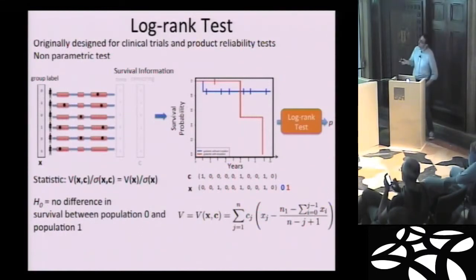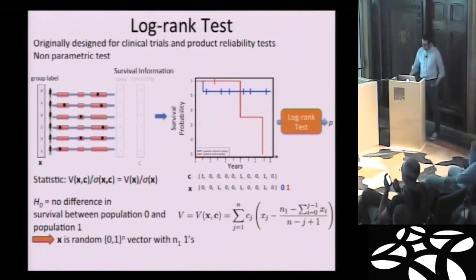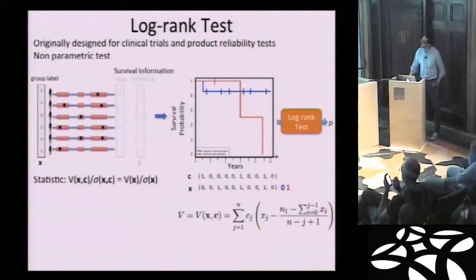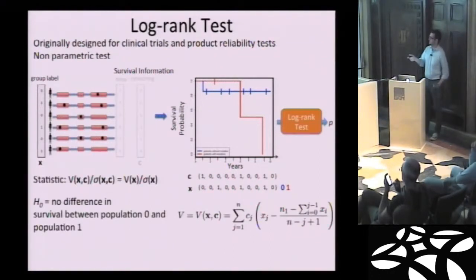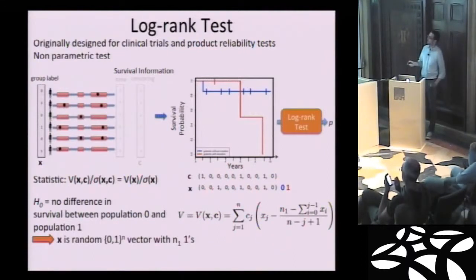Okay, so now that we have these test statistics, what we can do is assume that under the null hypothesis, there is no difference in survival between the population 0 and the population 1. And under this null hypothesis, what we have is that the vector x of labels is just a random 0-1 vector of length n that contains n1 ones.